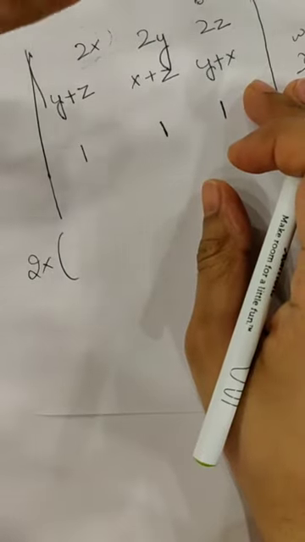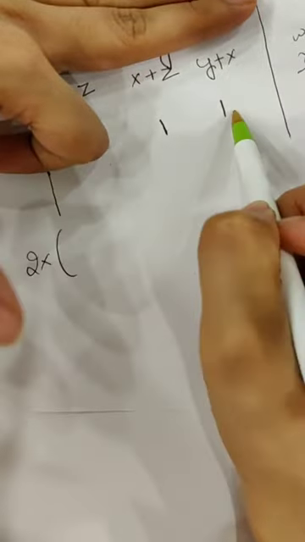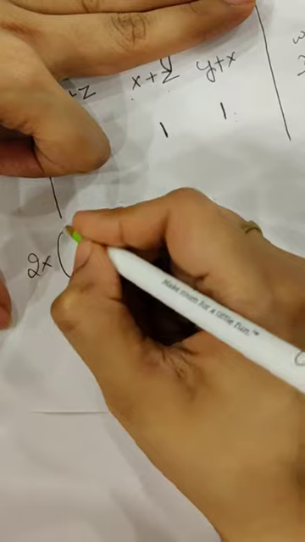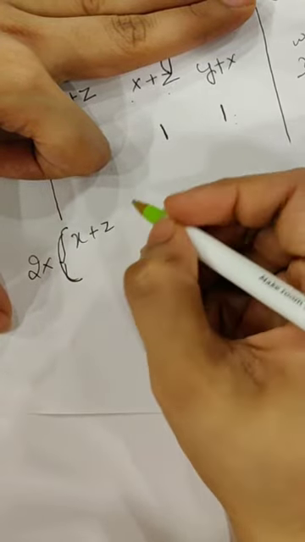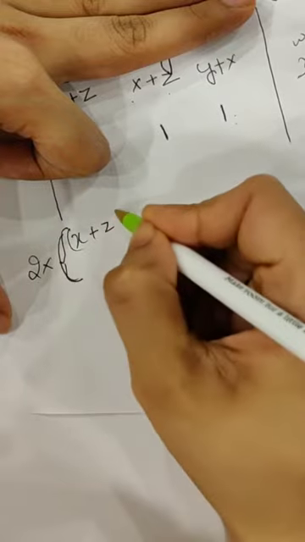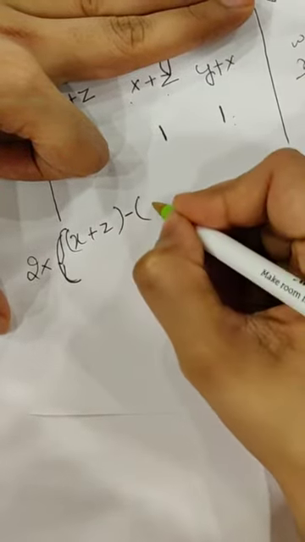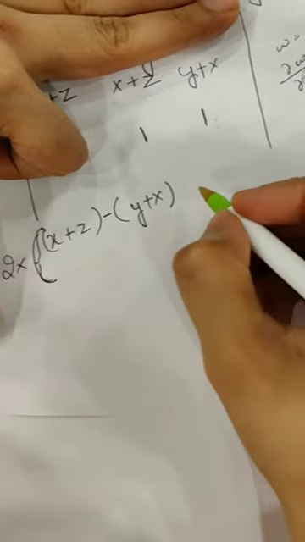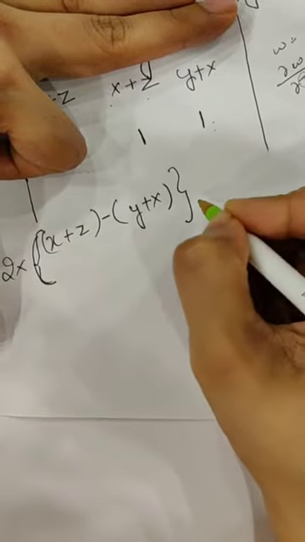So x plus z into 1 is x plus z only, minus y plus x into 1. Okay, now this was the first term, so we close the bracket.